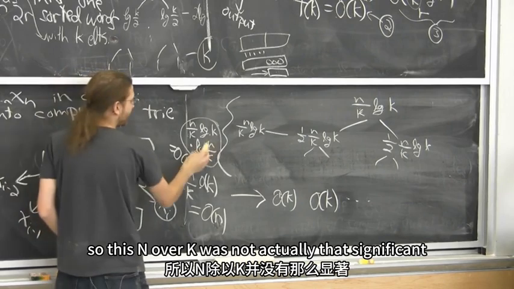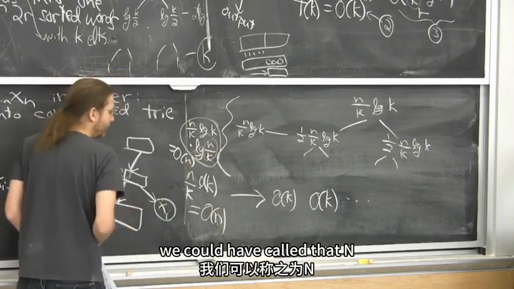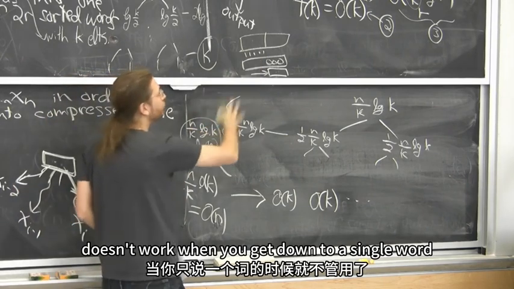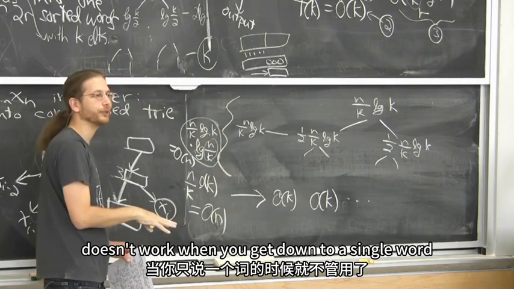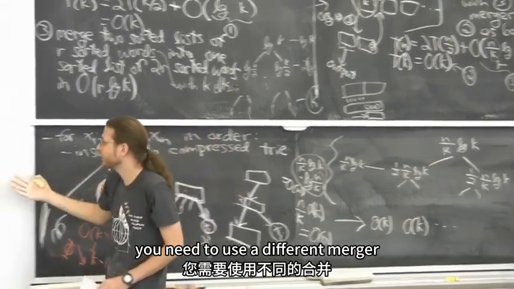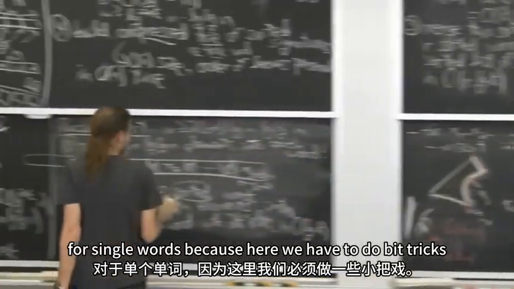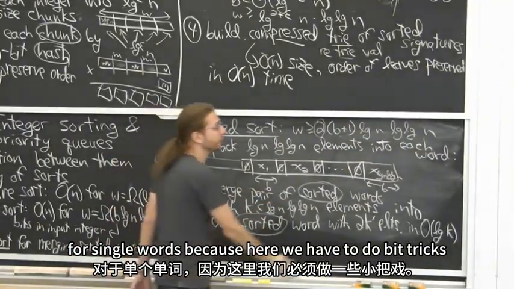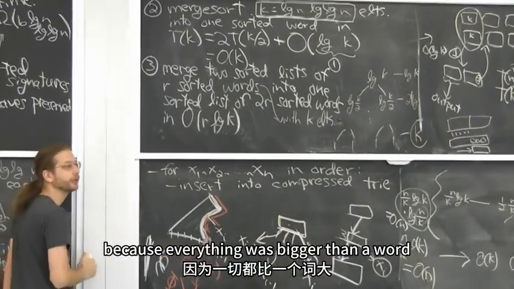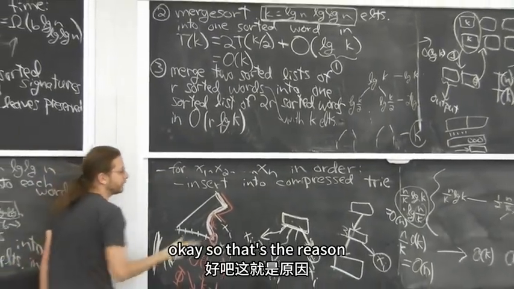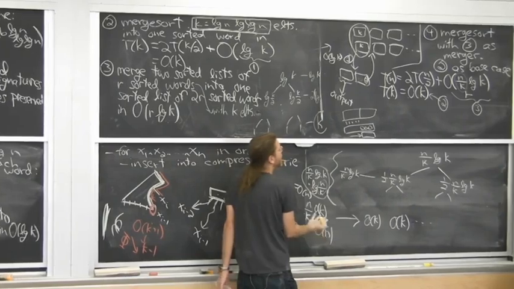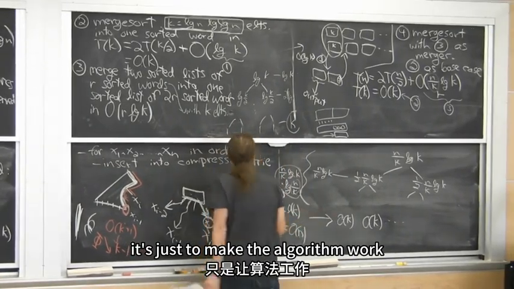So this n over k was not actually that significant. We could have called that n. What is important is that this recursion doesn't work when you get down to a single word. Can't do the same strategy. You need to use a different merger for single words, because here we have to do bit tricks. For this merge strategy, we didn't have to do bit tricks because everything was bigger than a word. The reason why we have these two levels is not to make the time fast, it's just to make the algorithm work.